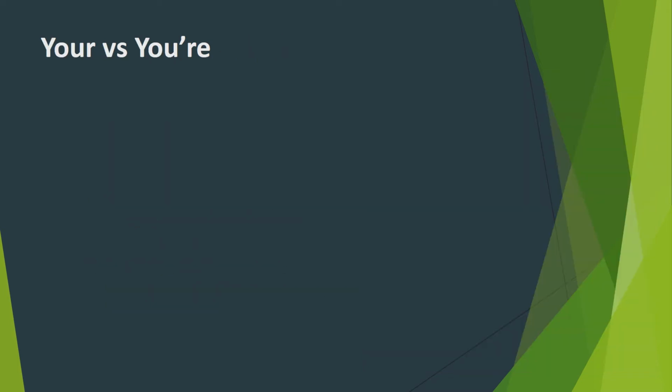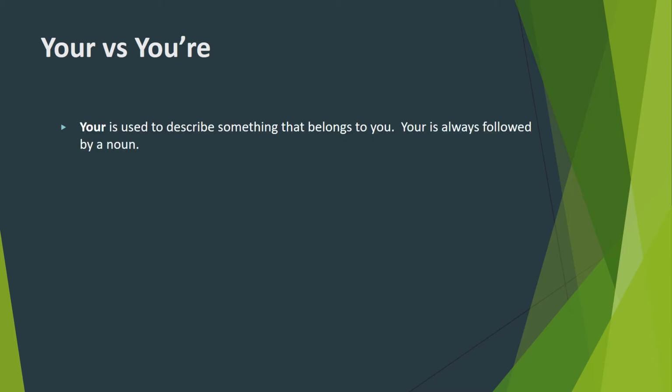Your versus you're. So this one right here is a very common one. You've probably seen a lot of memes and a lot of jokes about it. Your is to describe something that belongs to you. Your is always followed by a noun. You're is a contraction for those two words, you are.